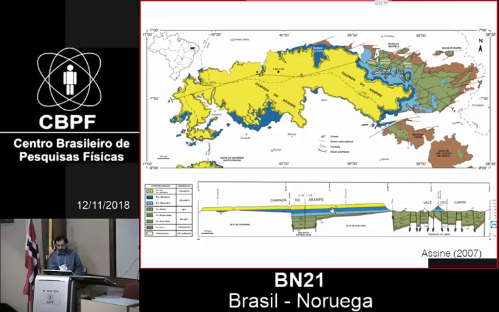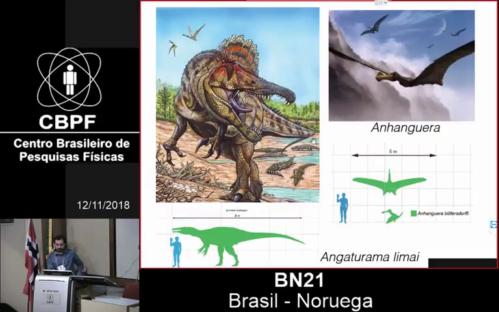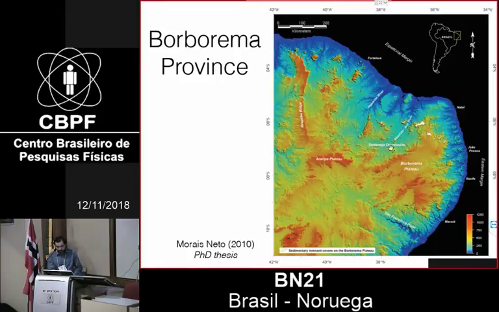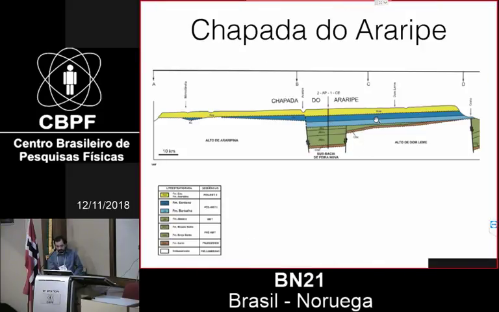We have preserved in the Araripe beautiful fossils of dinosaurs and pterosaurs too. And we have geological evidence that at least part of this sedimentary package, up to 800 meters above sea level, was close to sea level in the late Cretaceous.